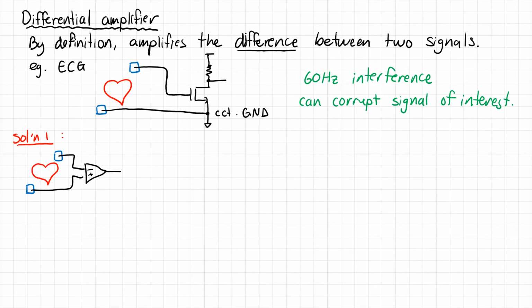Okay, that looks kind of like an op-amp. We'll talk about op-amps and what that means later. So doing something like this can help reject what we would call common mode interference, like 60 hertz.